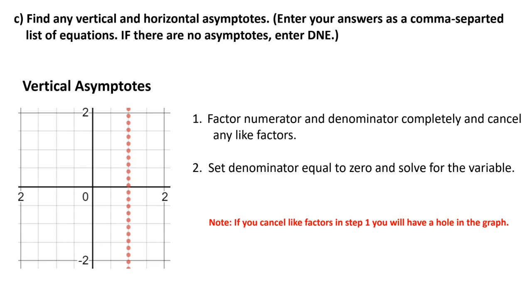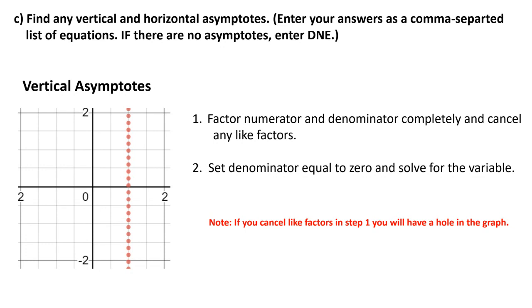Okay, so as you can see, we can solve for this by factoring our numerator and denominator completely to cancel like terms first. And then we can set our denominator equal to 0 to solve for the variable. Now, it's very important that we do that first step, step number 1, to factor the numerator and denominator completely. Because if we get to cancel values, that value no longer becomes a restriction on our domain.